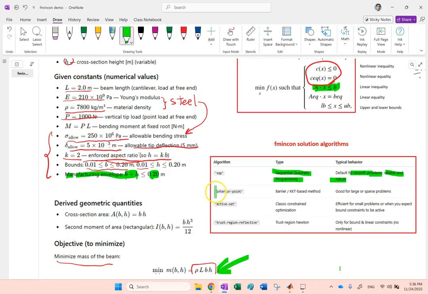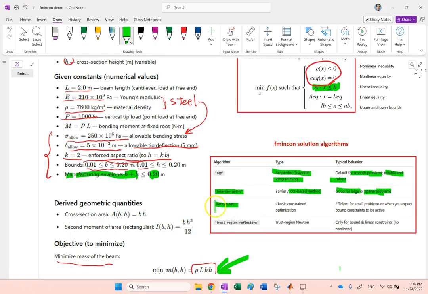There is another one called interior point. This is based on the KKT method. And again, KKT, the Karush-Kuhn-Tucker, this is a complicated thing. It needs 1 or 2 lectures just to explain how this works. But this is good when the problems are large. You have a ton of variables and the space could also be sparse.